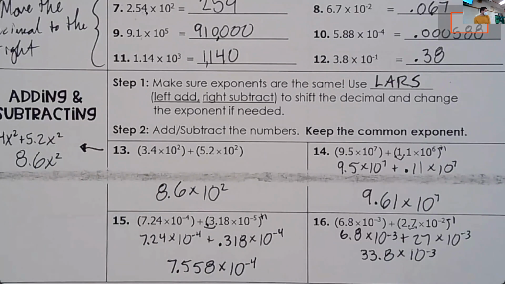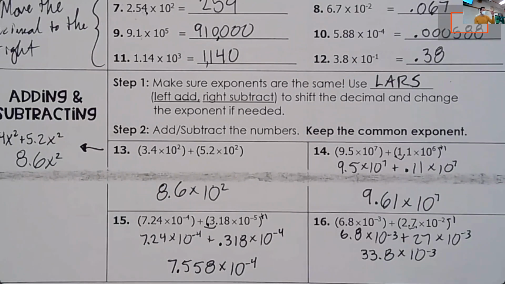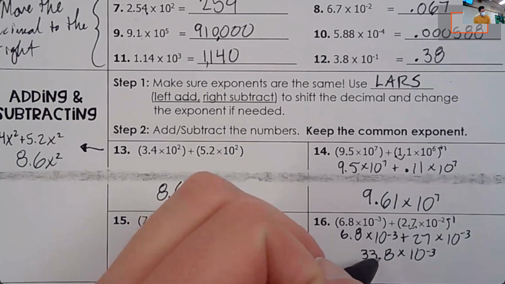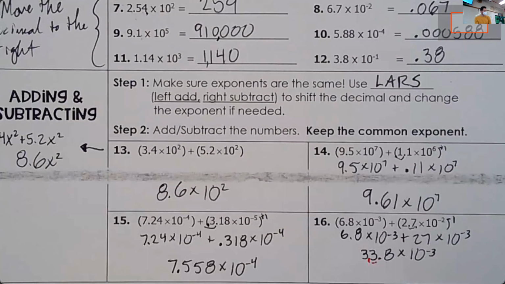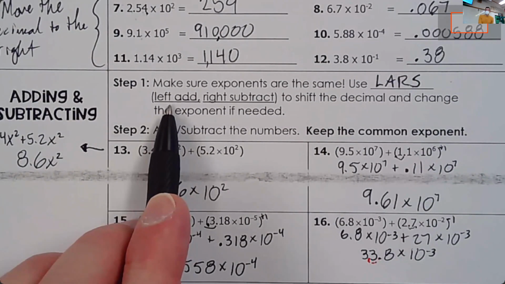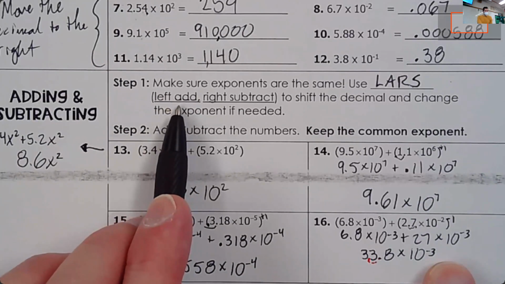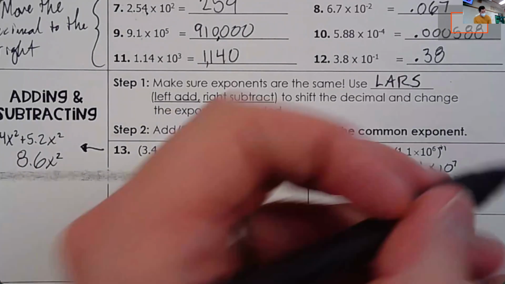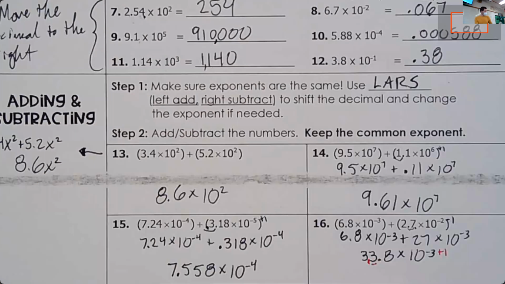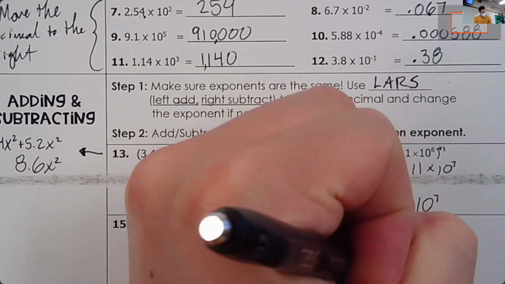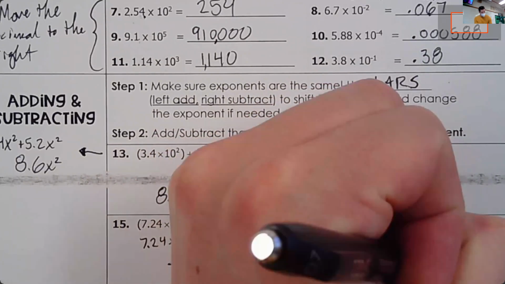Because this number is 33, which is greater than 10, so we still have one more decimal movement to make. And so we'd be moving this decimal once to the left. And if you move it to the left, here's our rule right here, left, you add onto the exponent. So -3 plus 1 would be -2. So we end up with 3.38 times 10 to the -2 power.